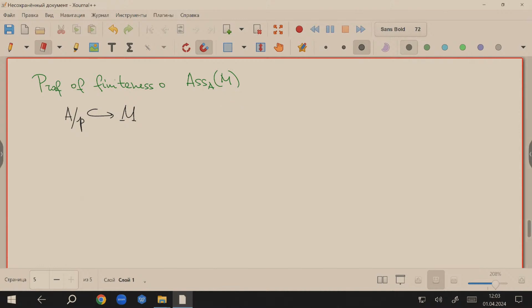So we have to bound this set. In the statement we do not need the Noetherian property of A, only that M is Noetherian.